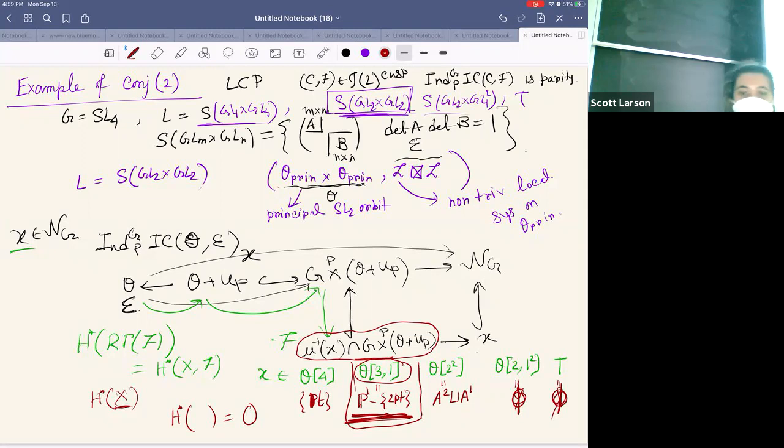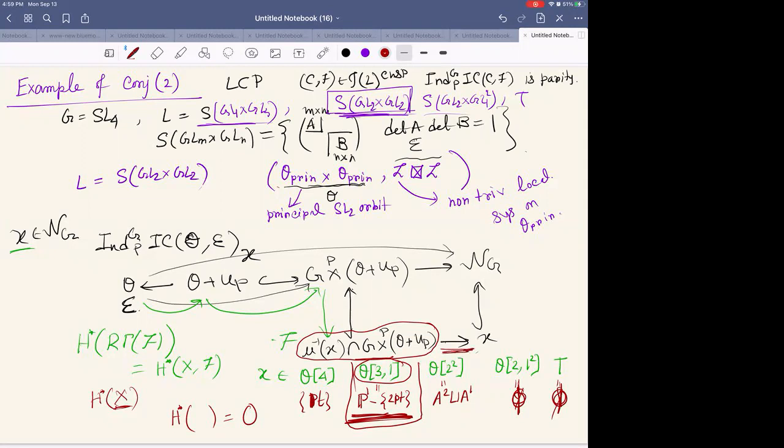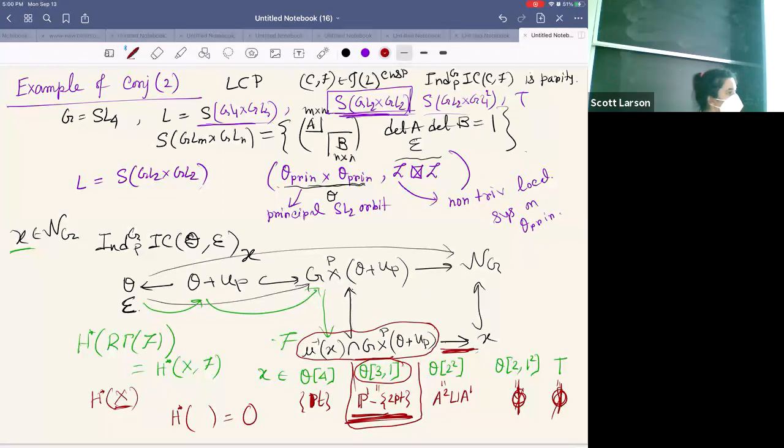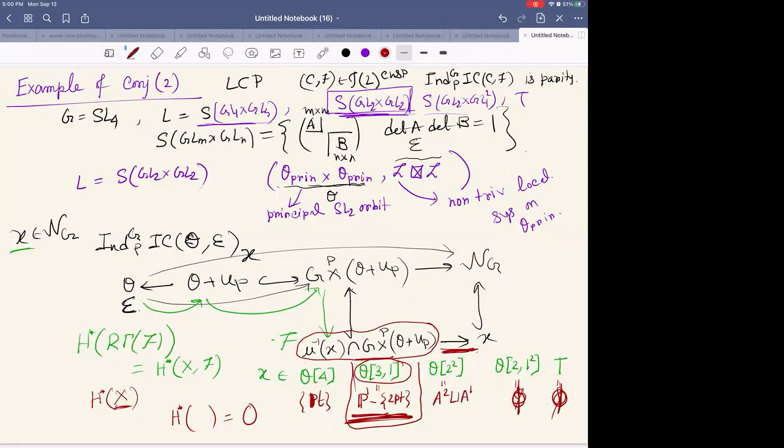Which map are you saying? The very bottom map there on the right, that map is not proper, right? Because those fibers are not compact. So when you push it forward, do you need to take the shriek push forward or something like that? The definition of induction is the shriek push forward. So I think we're still doing the shriek push forward, right?